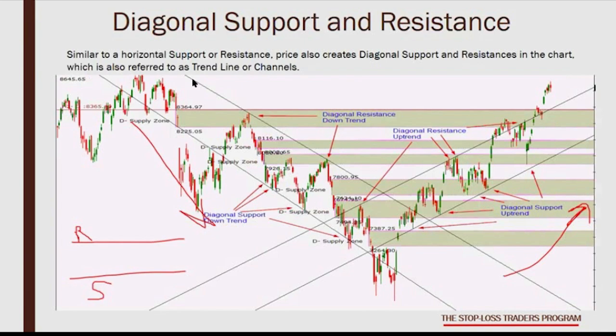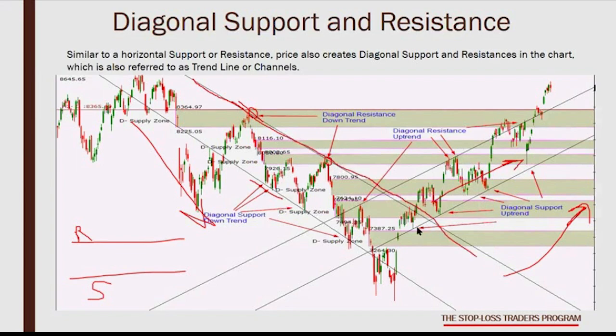which is now, after the break of the resistance, become a what? When resistance breaks, what does it become? It becomes a support, right? And it acted as a support and price moved up. And not only moved up, now it has broken this resistance and moved up, created another resistance here. Can you see that?